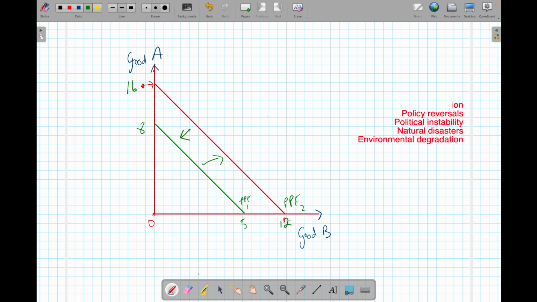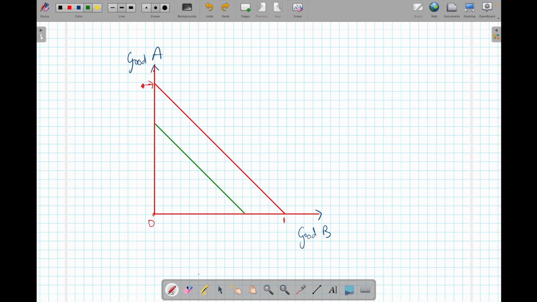And last but not least, let us discuss pivots. What does a pivot even mean? Well, simply put, one part of the line stays where it is, and the other part of the line needs to move. This happens when there is some sort of development, but that development only impacts one of the commodities you're producing. Whether you want to consider this an outward move or an inward move.